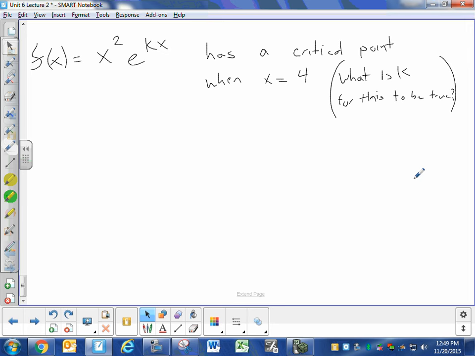You'll see a problem like this on your quiz today. k is just a constant. x squared e to the kx, we are told, has a critical point when x is 4. We want to find k to make sure this is true.